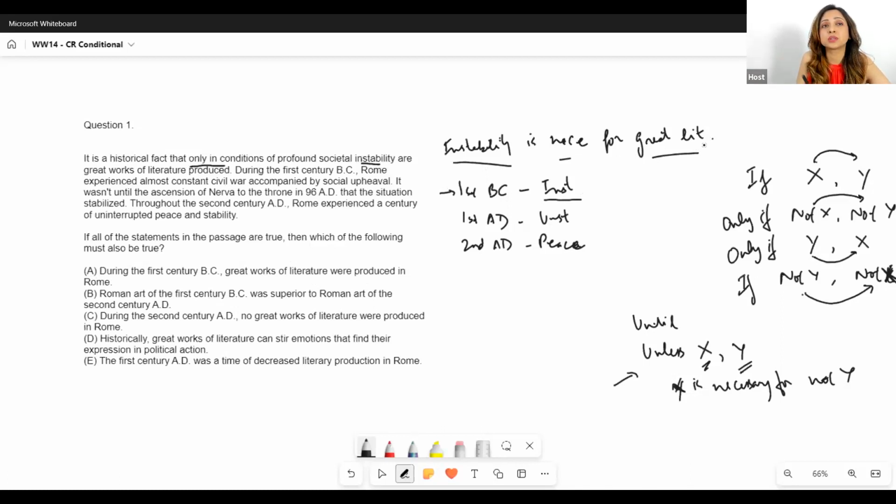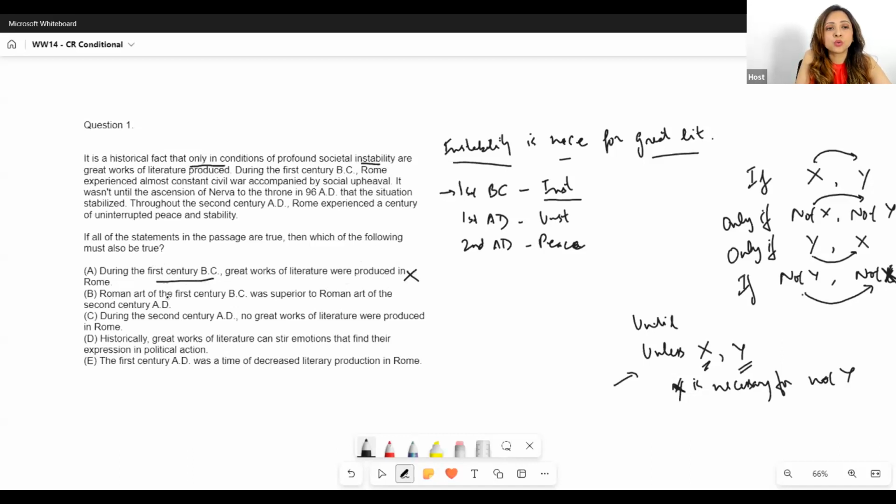It is given to me that instability is necessary, right? And this is the way that GMAT will try to trap you. This is not essential. In the first century BC, I know there was instability, but it's not essential that great works of literature were produced, because instability is not sufficient to produce great works of literature. So this is not necessarily true. So this is incorrect, not our answer.